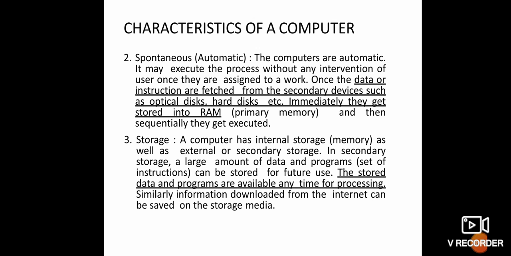The stored data and programs are available at any time during the process. Information can be downloaded from the internet and saved on the storage media. So just like whatever you learn, you store in your brain, the computer stores all the data in the storage. Either it could be primary, secondary, or even external devices like a pen drive and so on.